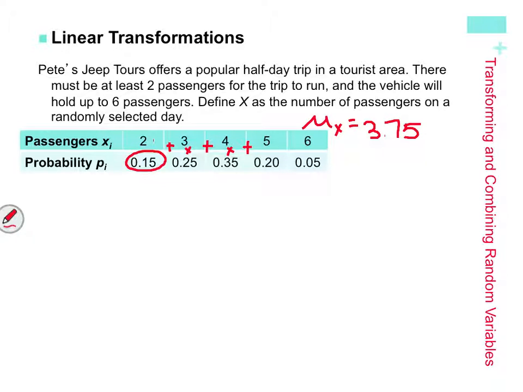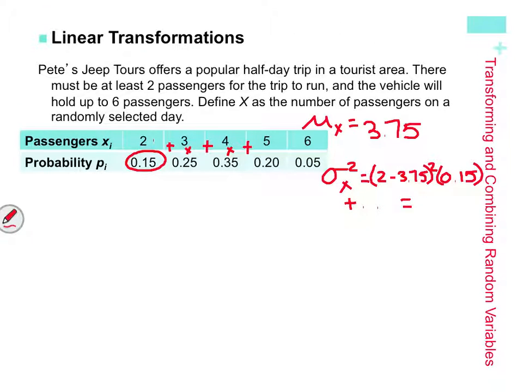Your standard deviation comes from the square root of your variance. First your variance is going to come from taking each value, subtracting the expected value, or your mean, squaring it, and then multiplying that by the probability of that value, okay? And you're going to do that for each one of your values.